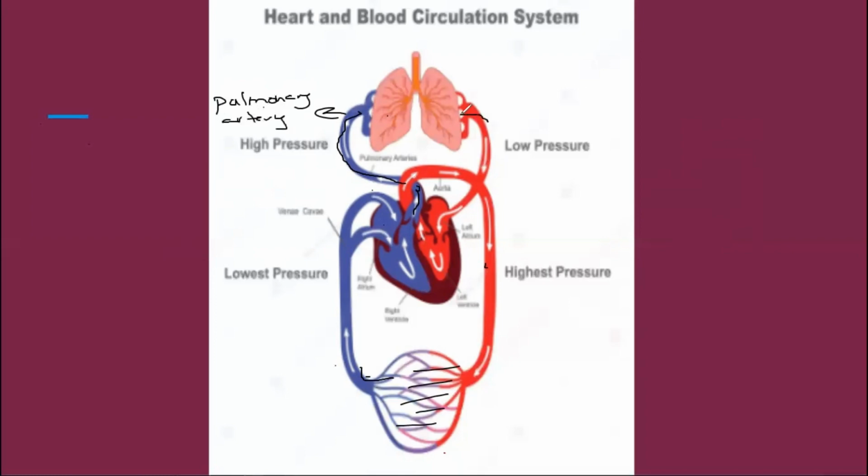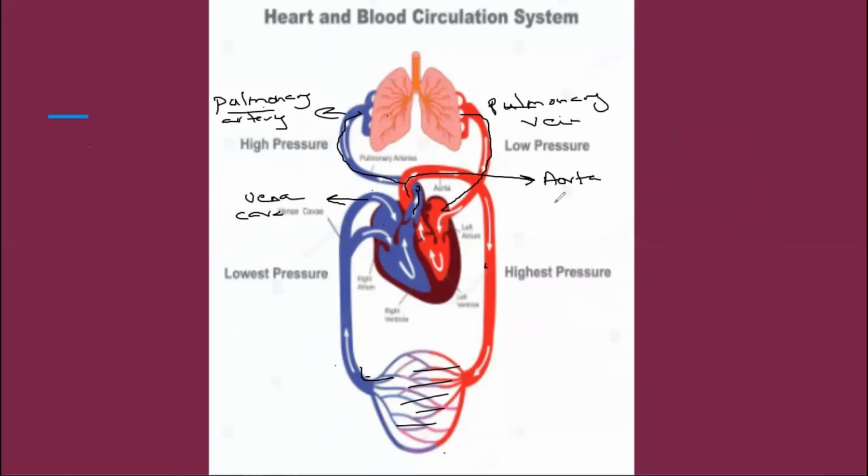And the one which is bringing the oxygenated blood from the lungs to the left atrium is called the pulmonary vein. So what different types of blood vessels have we seen? Pulmonary artery, pulmonary vein. This one which is taking the oxygenated blood to the whole body is the aorta, and the one which is bringing the deoxygenated blood back to the heart is the vena cava. So these are the four major blood vessels.